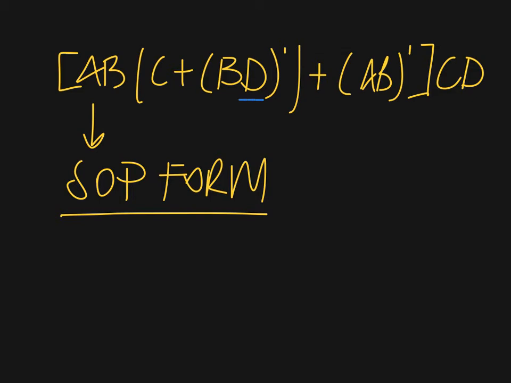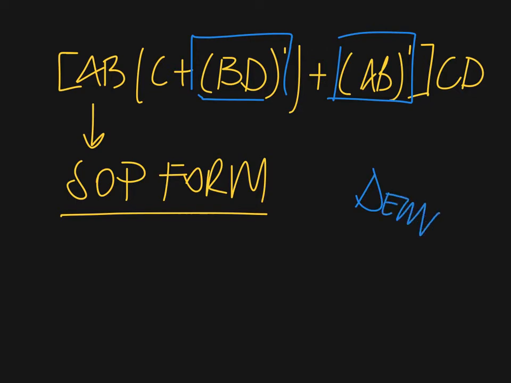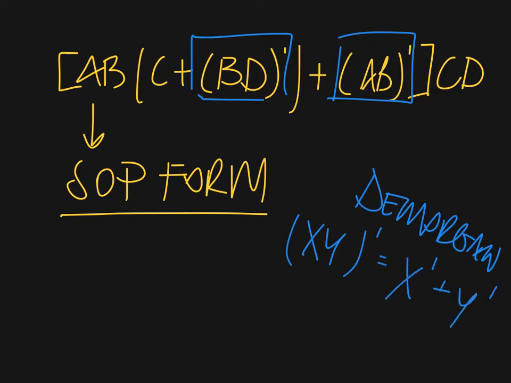First thing to observe are these two little sections. They are bracketed with a NOT, and that means that you use De Morgan's theorem. The ones that we're interested in are where you have two terms, let's say x and y, NOTed, and that opens up to x' plus y'. So we will apply that rule to this bracket here and this bracket there, and produce the updated one on the next slide.